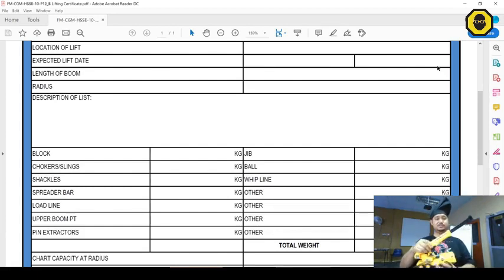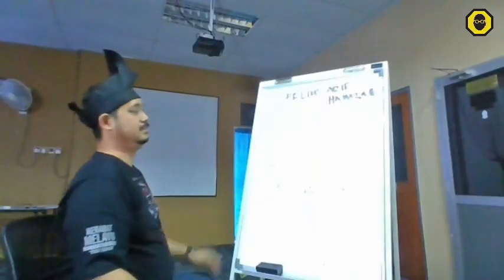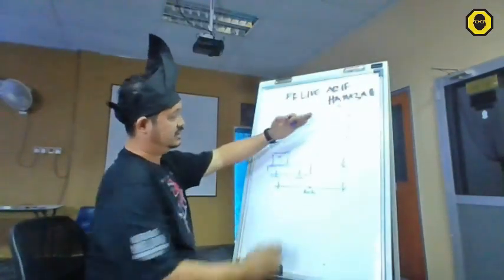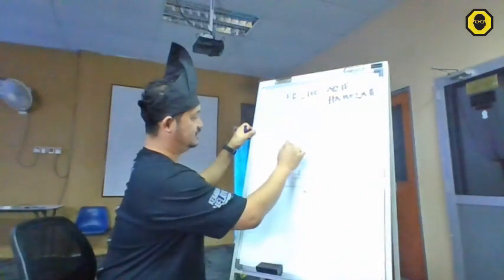Second one is the radius. When we say this, look at this figure. You can see this is a boom. The radius is from the center of the turntable to the block. That is the radius. Regardless of the boom, this will be the radius. The only question is, what is the maximum radius? This is the boom angle.